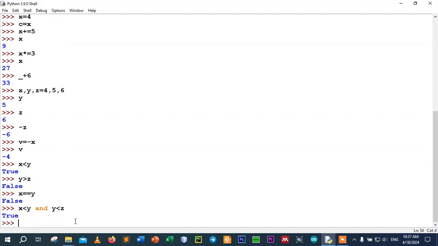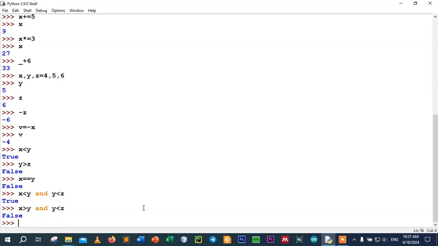I think the result will be true. What about x greater than y and y less than z? It is false.